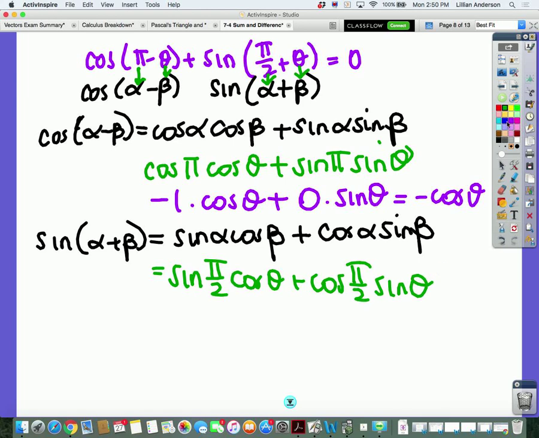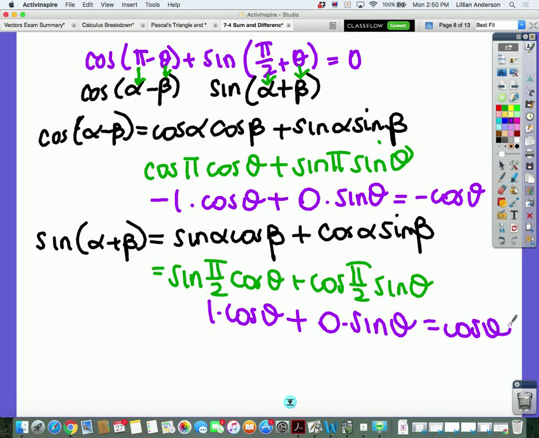Did you guys get that? Yes, ma'am. What's the sine of pi over 2? 1. What's the cosine of pi over 2? 0. What does this simplify down to be? Cosine theta. So the first part is a negative cosine theta. The second part is a positive cosine theta, and that equals 0, which is what it should be.